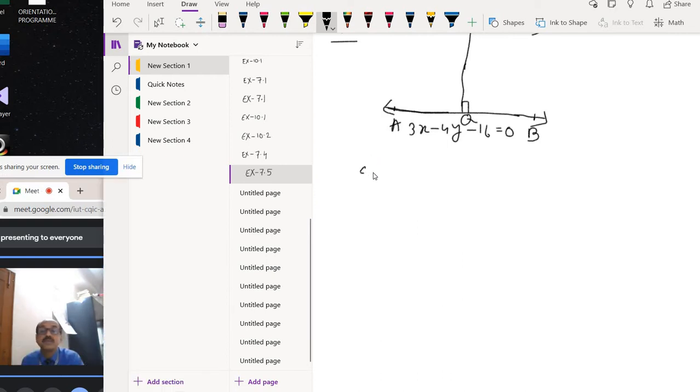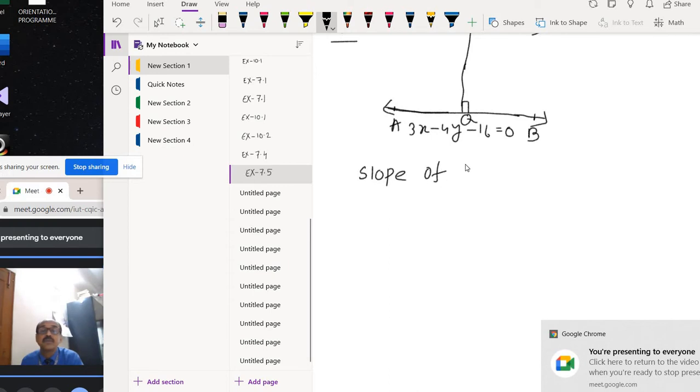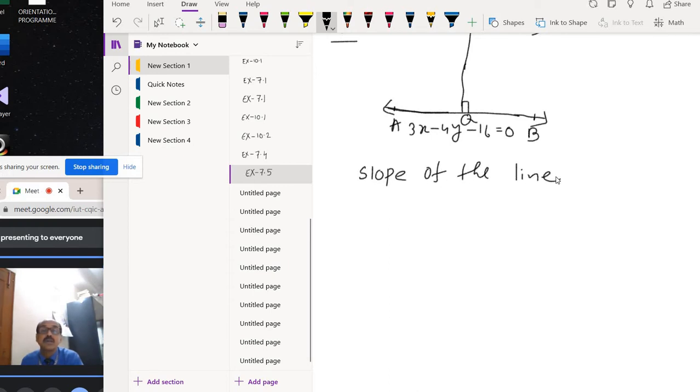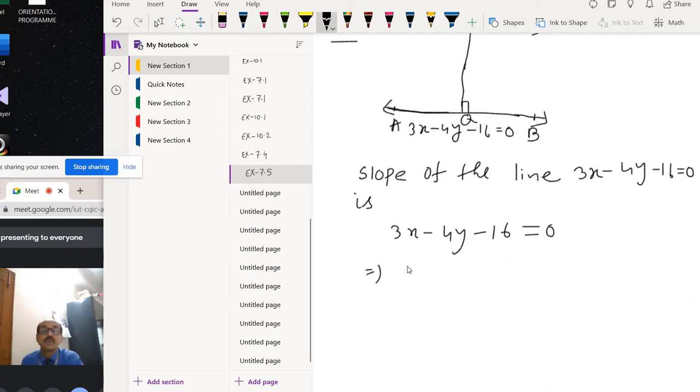Slope of the line 3x minus 4y minus 16 equal to 0: minus 4y is equal to 16 minus 3x, so 4y equal to 3x minus 16.